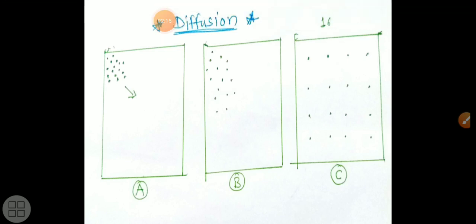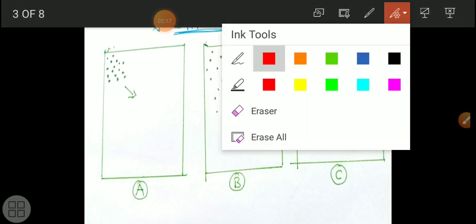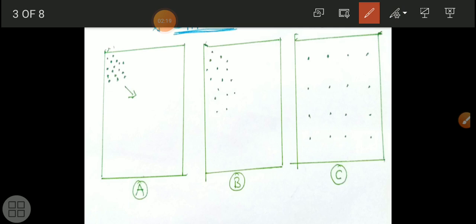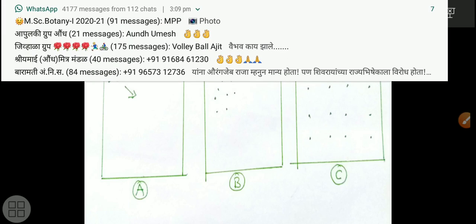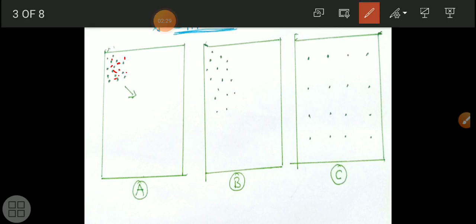Here you can see the sketch, the diagram which I have drawn with a green colored pen. In one corner, the concentration of substances is much higher, meaning all substances are located in one corner.